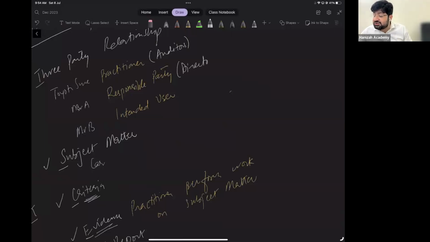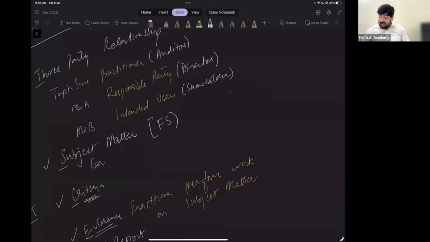Directors are the responsible party who have to provide financial statements, data. Shareholders normally are the intended users.